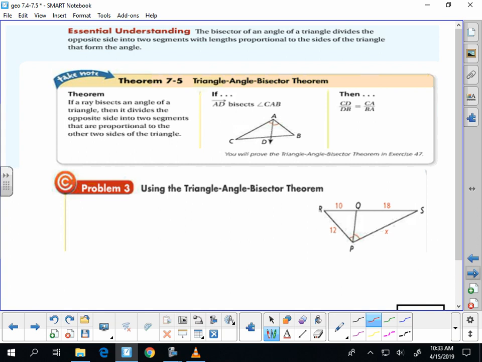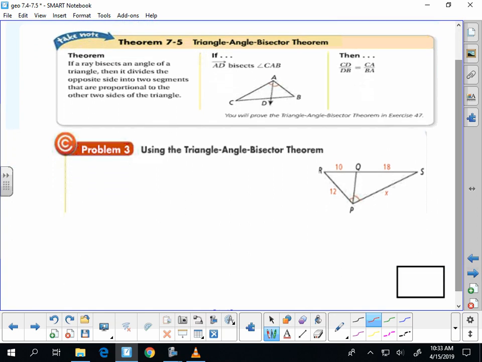So in problem 3, if we started with CD up there, we'd start with either the 10 or the 18, right? We're doing opposite side over opposite side, so it'd be over 18 equals, going back to the triangle with the 10, 12 over x. They're just similar parts of two triangles, right?